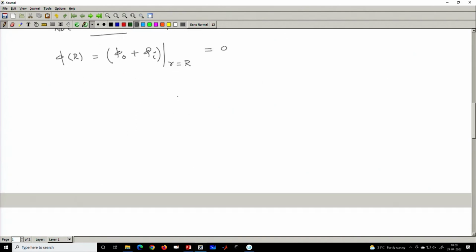I just put this value by replacing small r with big R, then it becomes minus E 0 R cos theta plus c, plus the summation over L from 0 to infinity of B L divided by R to the power L plus 1, times P L cos theta, equal to 0.